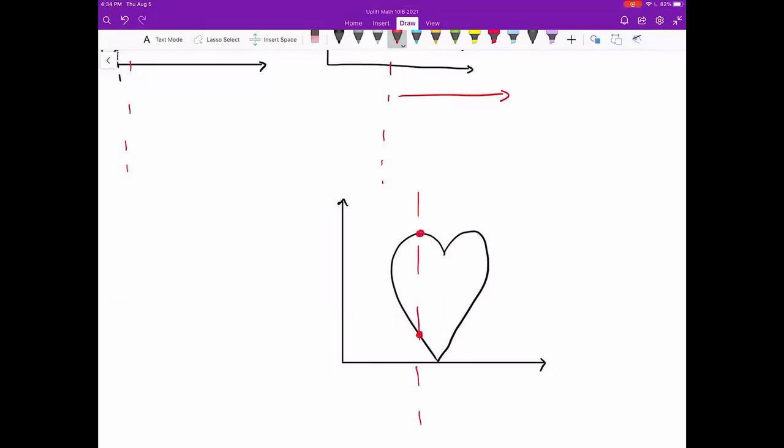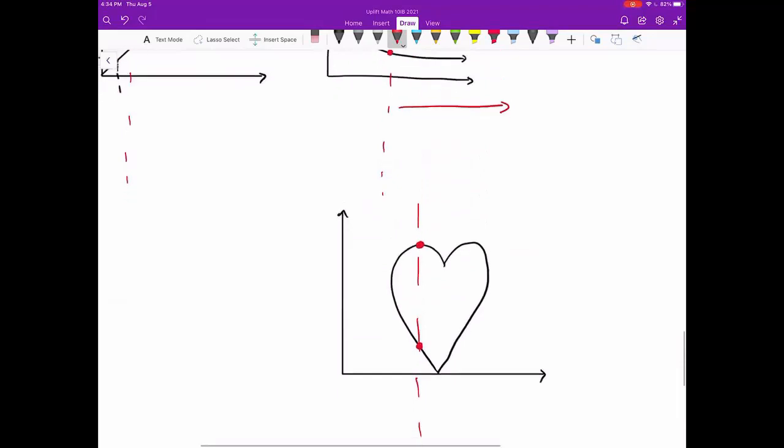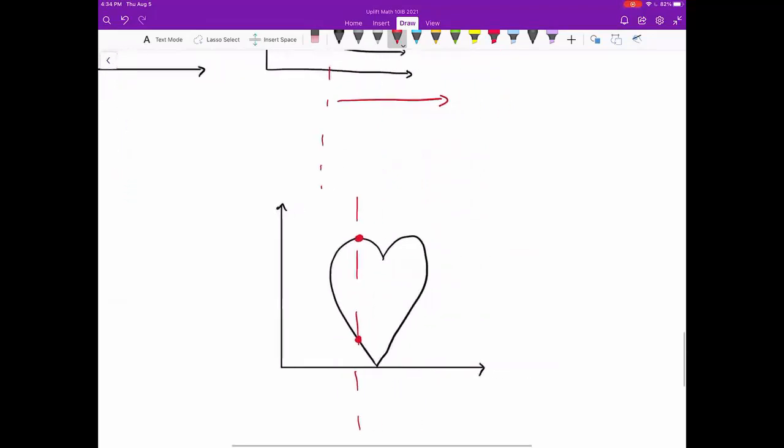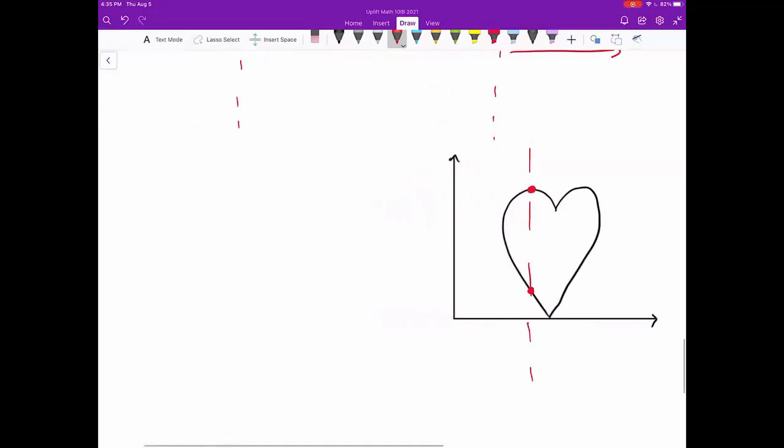So this would not be a function. And if at any point there are two points, if the vertical line test fails, then the entire graph is not a function. Exactly. Every single value has to only have one.